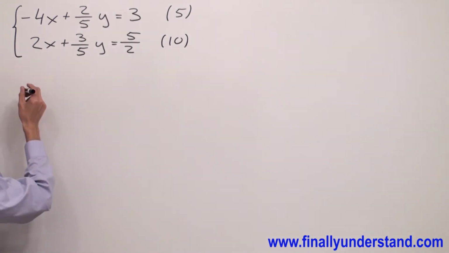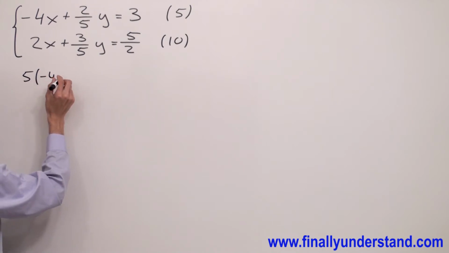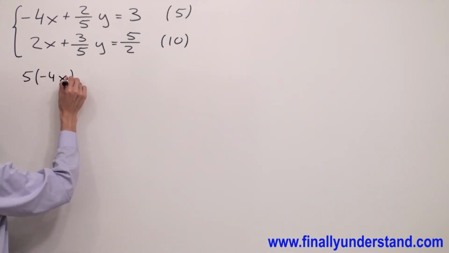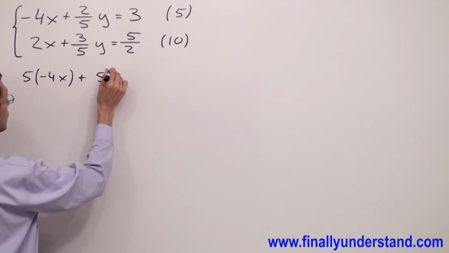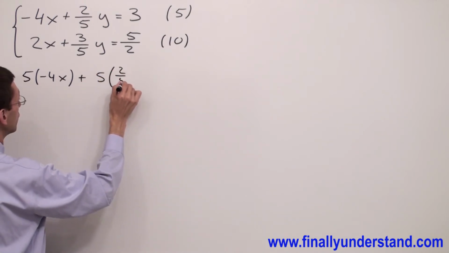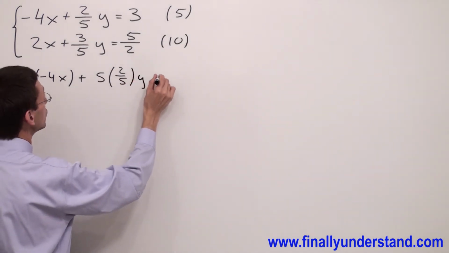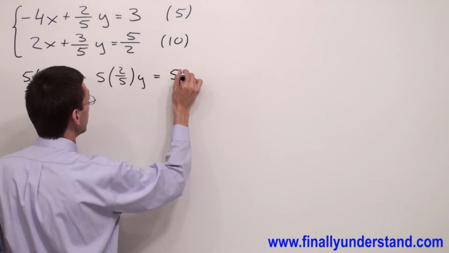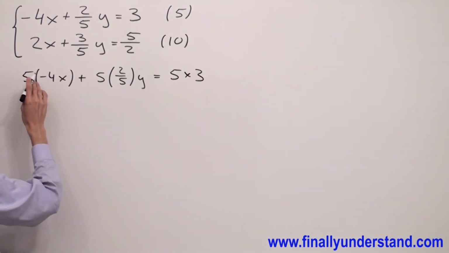We have 5 times negative 4x, let me do everything step by step, plus 5 times 2 over 5 y is equal to 5 times 3. Let me copy down the second equation.